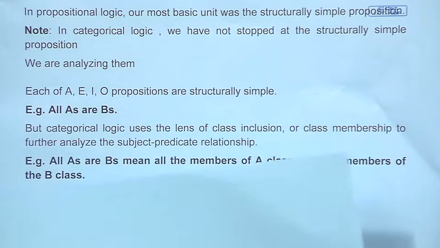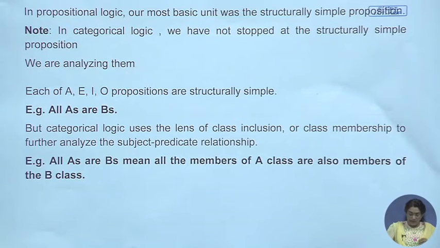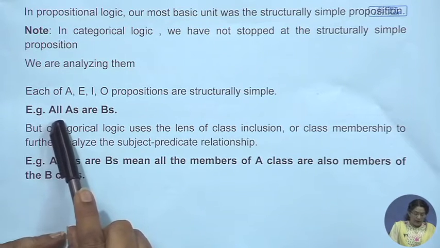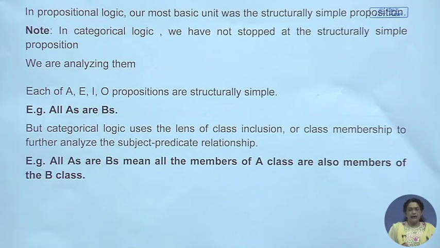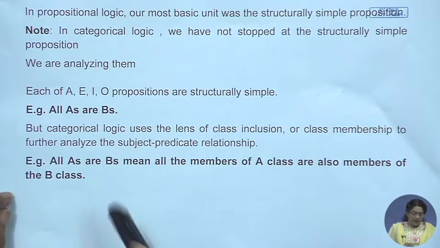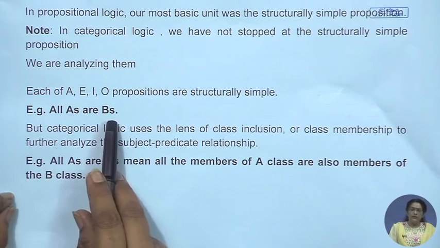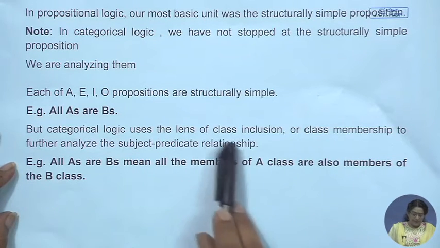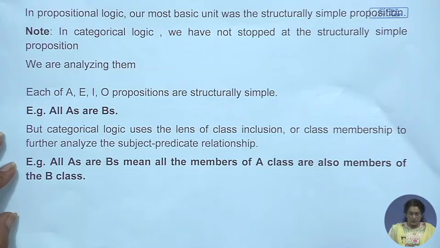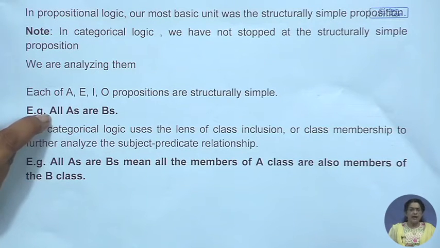What seemed completely inaccessible earlier, for example if you had 'All A's are B's' standing as a structurally simple proposition in your propositional logic time, you would simply assign it a capital letter, and that is about it. But now we are using the lens of class inclusion, class membership, to look inside this kind of proposition.